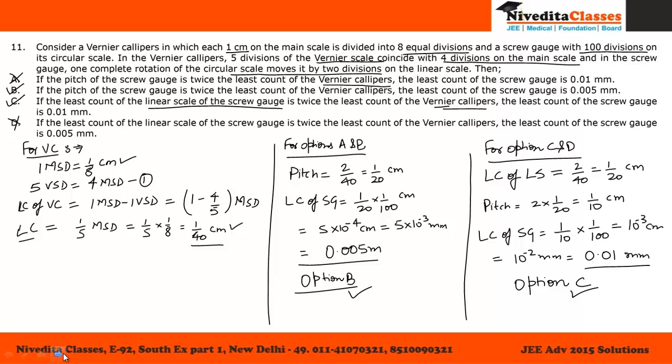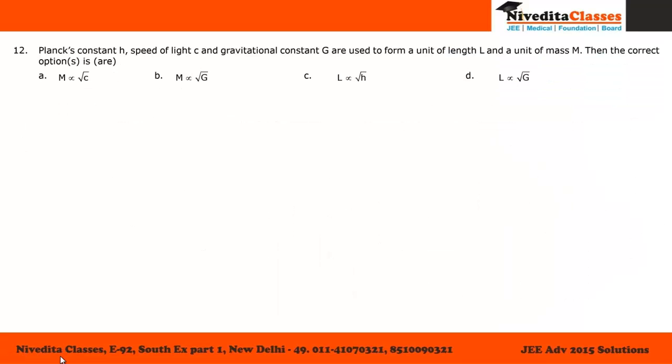Okay, now let's move to the next question. In the next question, we have taken Planck's constant h, the speed of light c, and the gravitational constant G as the fundamental units, and now we have to find on which of these the length and mass will depend. We can do this using dimensional analysis.